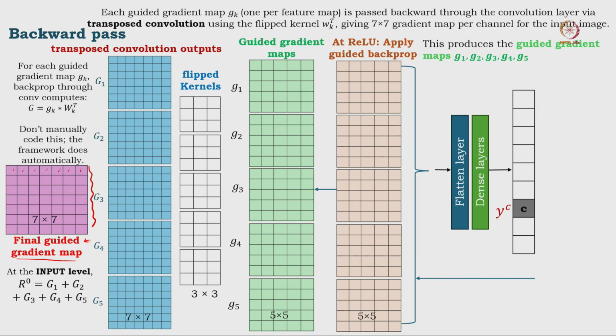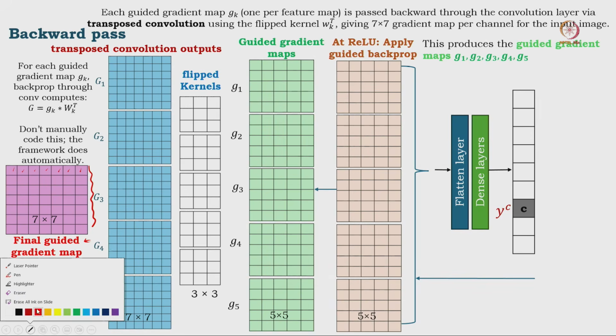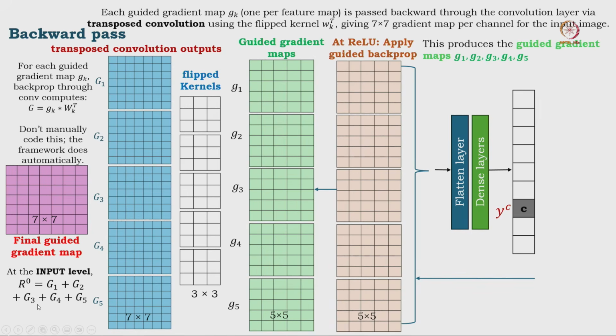So, although this is a very heavy topic, understand it is very simple, because what you have seen in the initial slides is that when it is applied onto one matrix, you obtain one guided gradient map. Now, it is not just one, you have 5. So, when it is applied on each of these, we are going to get 5 such guided gradient maps.